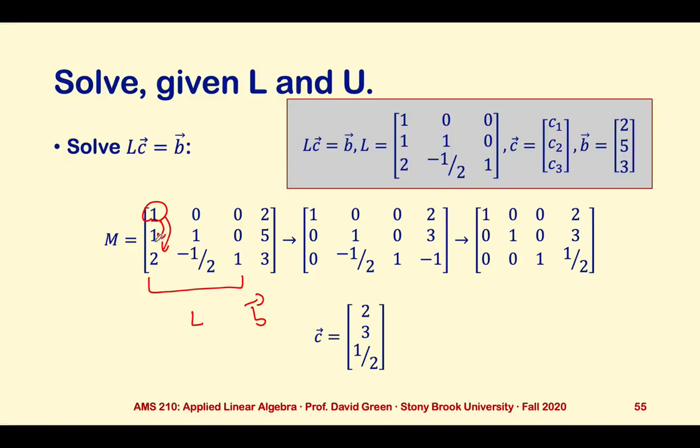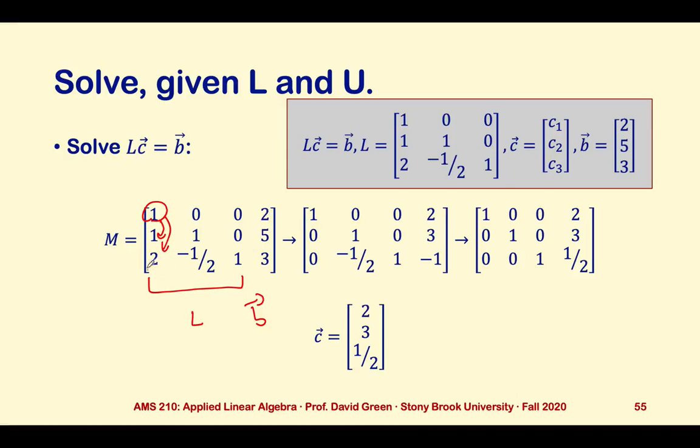Subtract the first row from the second row, and 1 minus 1 gives us 0. Because of the extra zeros here, the rest of the row is easy. 1 minus 0, 0 minus 0. And for the right-hand side, 5 minus 2 gives us 3.